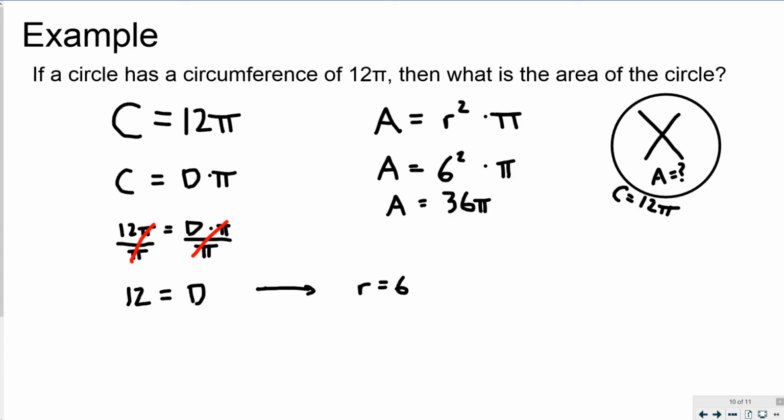And then I don't have a unit, so I'm going to write units here. And again, this is my exact answer. 36 pi, oh, I turned caps lock on, is the exact answer. The approximate answer would come out to be the same answer as previous, which was 113.10 units.